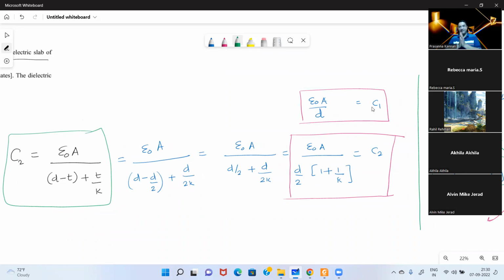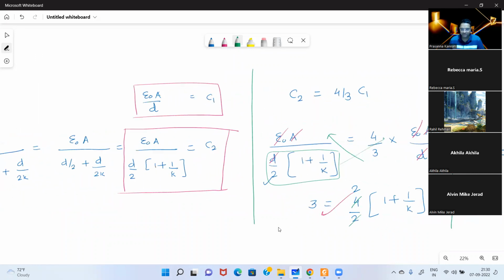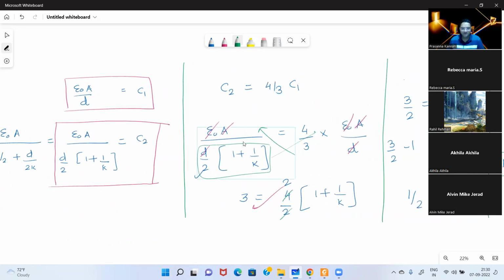You know that the capacitance will increase whenever you insert a dielectric, right? So C2 is 4 by 3 times C1. Substituting, cancelling, cross multiplying.